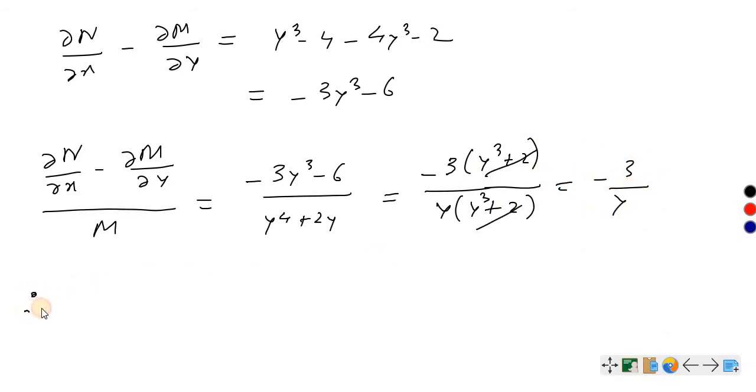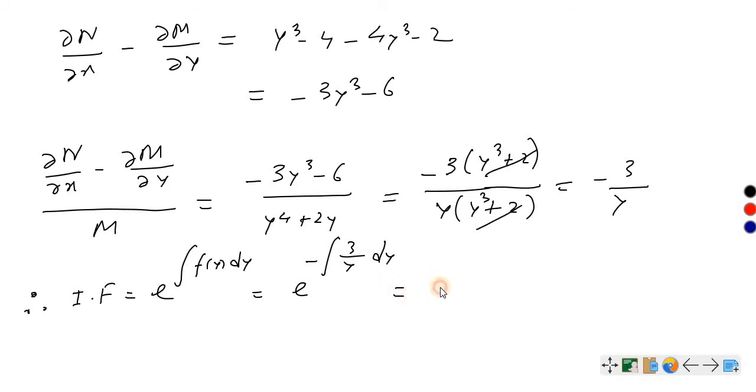So therefore the integrating factor will be what? It is equals to e to the power integration of f of y dy. So what is your f of y? Here the f of y is minus 3 by y dy. So again I am going to get e to the power, I will take 3 outside and 1 by y.